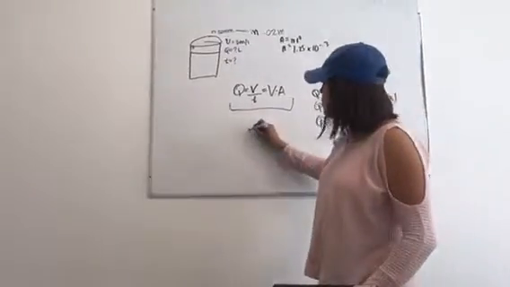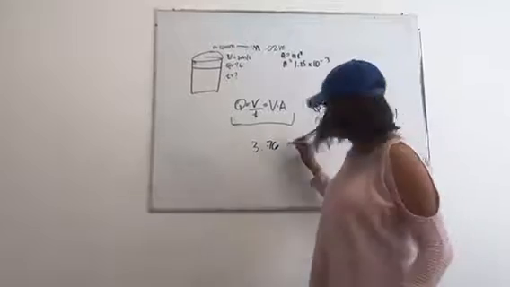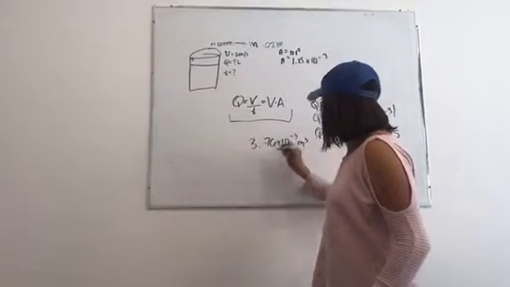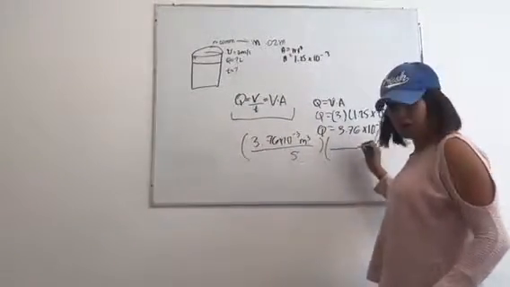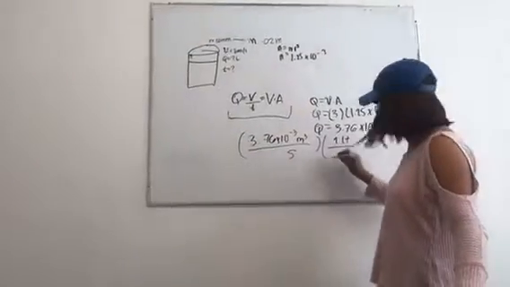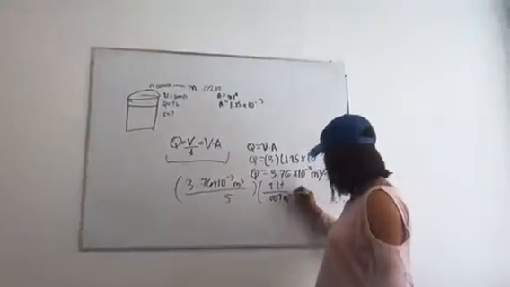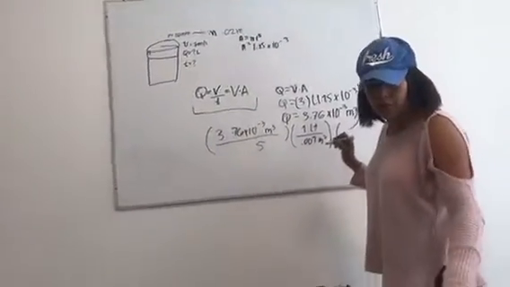So we're going to put 3.76 times 10 to the minus 3 meters cubed per second. We're going to put here 1 liter is 0.001 meter cubed, and we're going to change seconds to minutes.